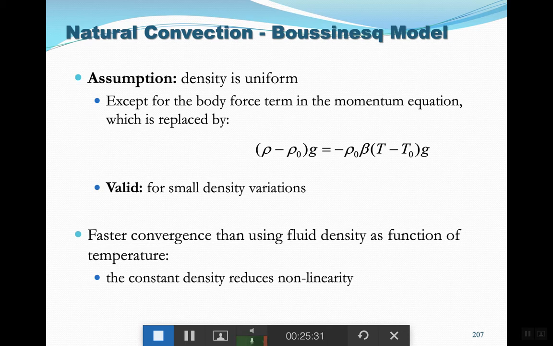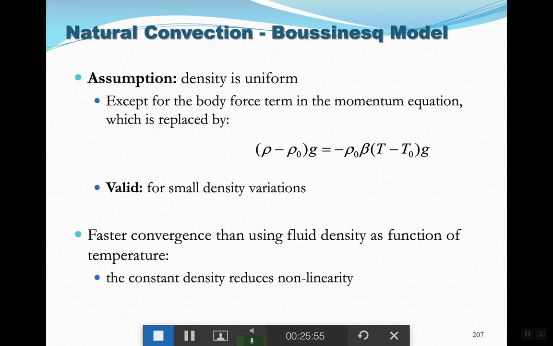The reason is, if you want to really calculate natural convection as is, you have no other way than considering your density to be temperature dependent, which means your density is not constant anymore, which means you are going into compressible flow.